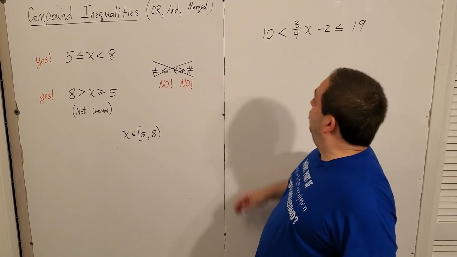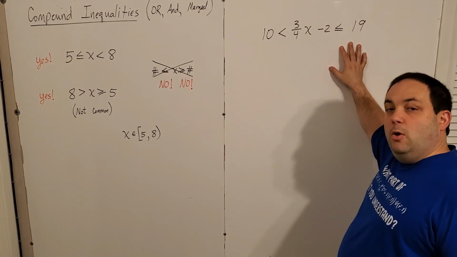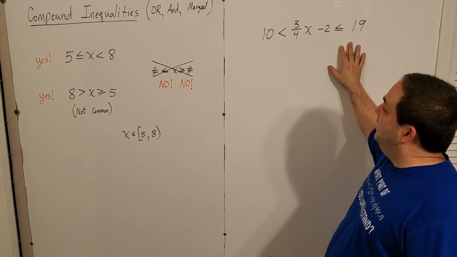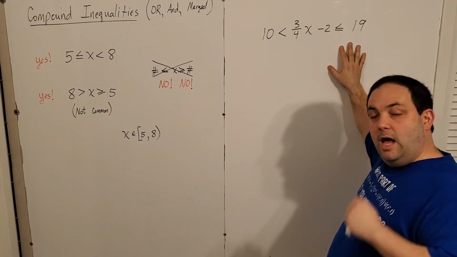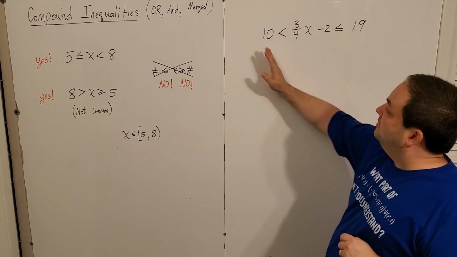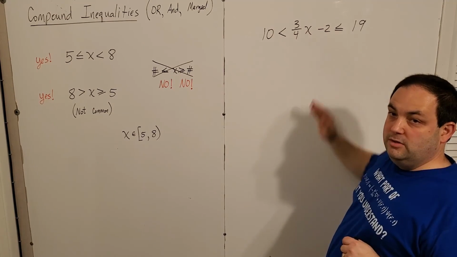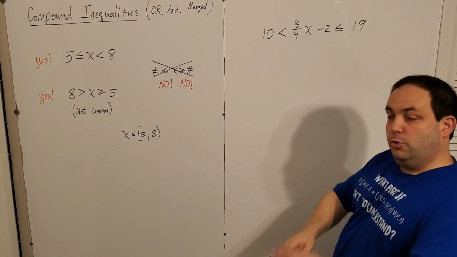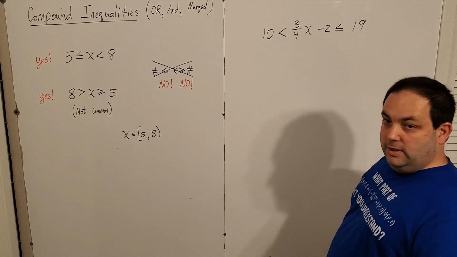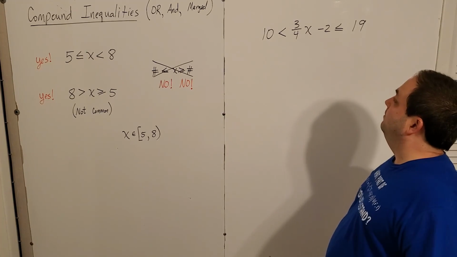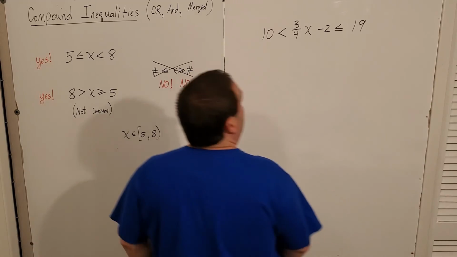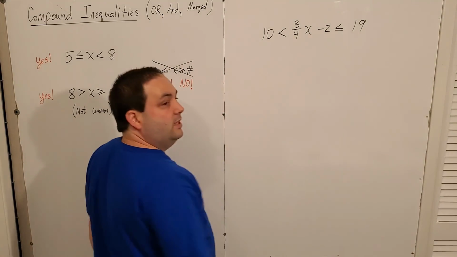So let's actually work one right here. The only difference with normal solving here is that you have 3 sides to consider instead of 2, because I have 2 separators here, 2 inequality symbols. So remember the golden rule. You can do whatever you want as long as you do it equally to all sides. Okay? So let's start by saying I only want my letter in the middle, right?